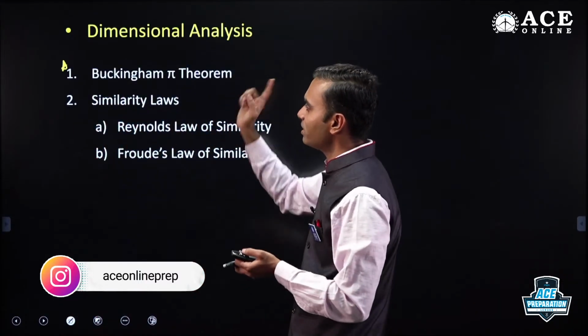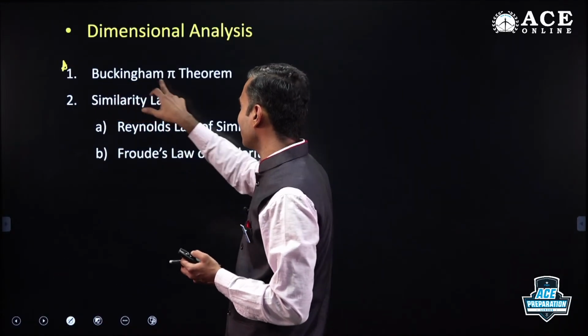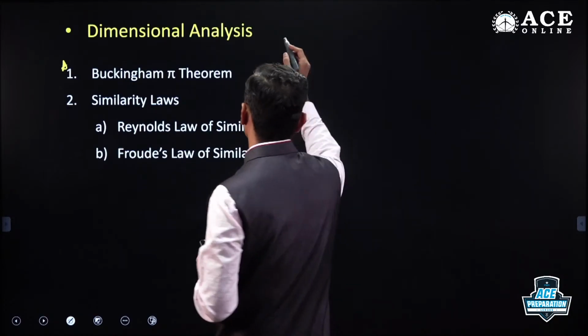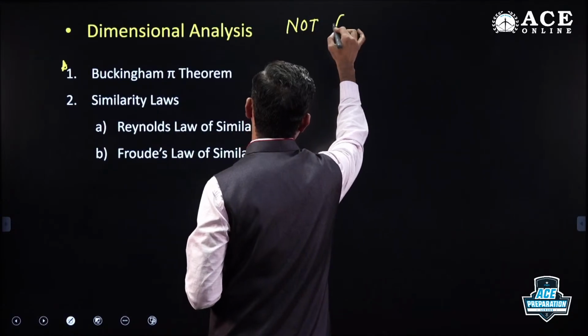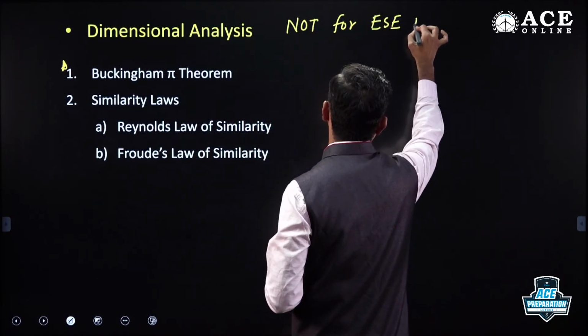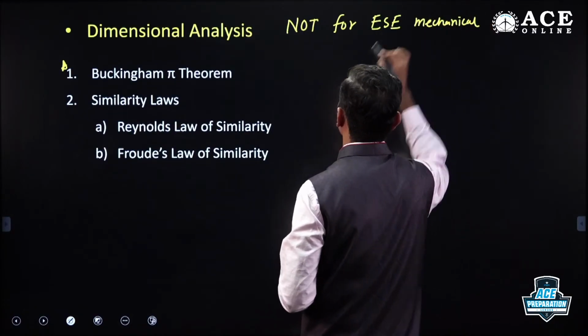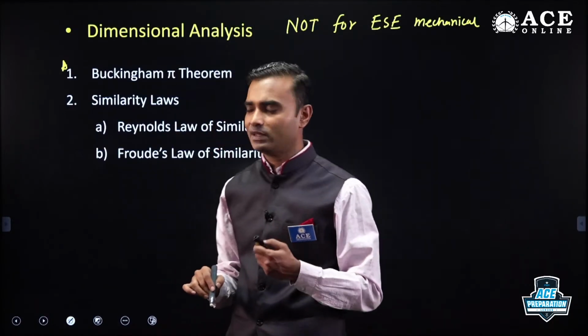But of course in a conventional exam such as ESE conventional, you can get this question. And this chapter is not for ESE mechanical, so it is removed from ESE mechanical. It is there in GATE mechanical, and for civil it is there in ESE as well as GATE.